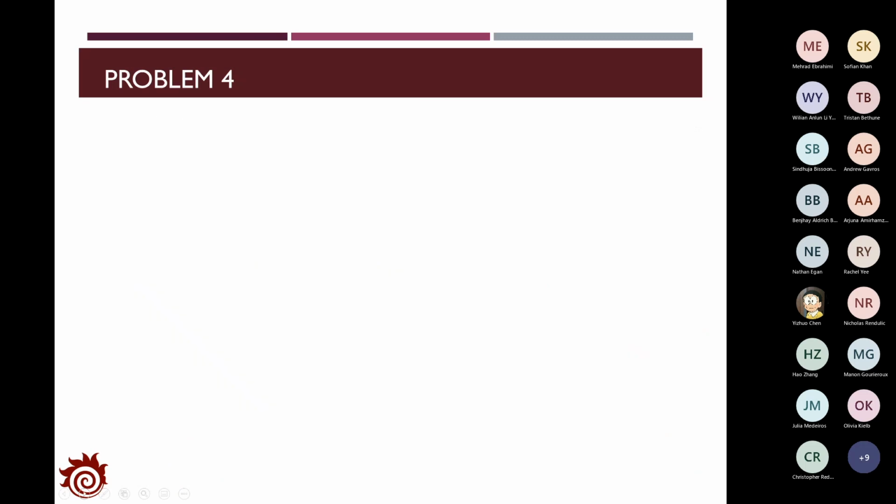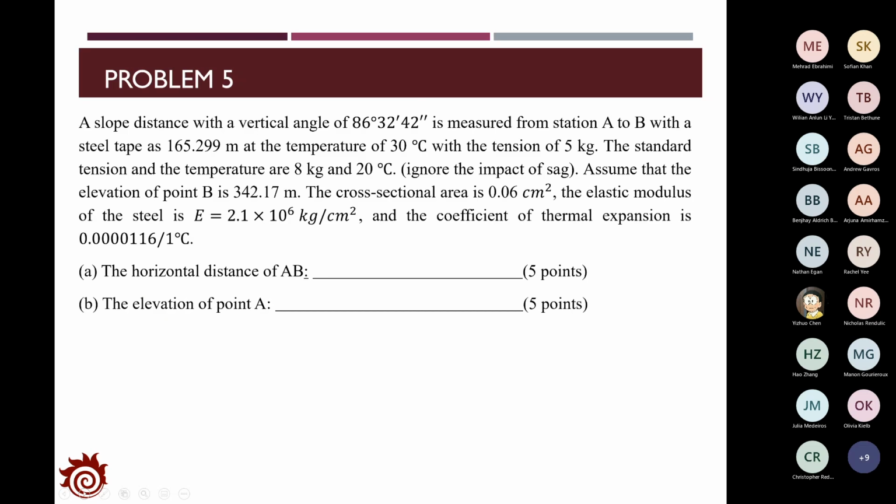Okay, so that's problem 4, and the last is problem 5. In the exam, I specified the settings of the tape in the Teams, but some students may not be able to access the Teams.